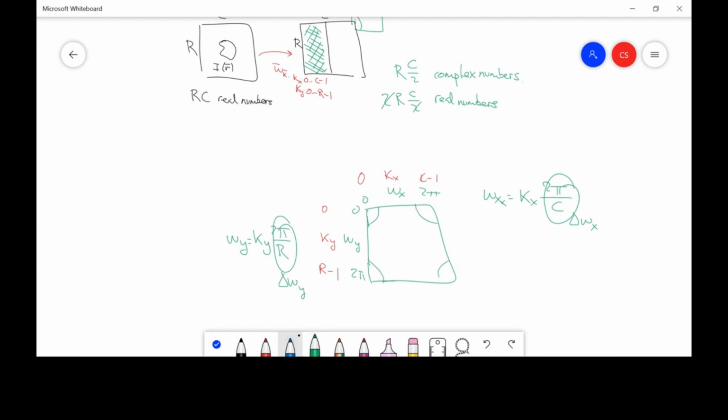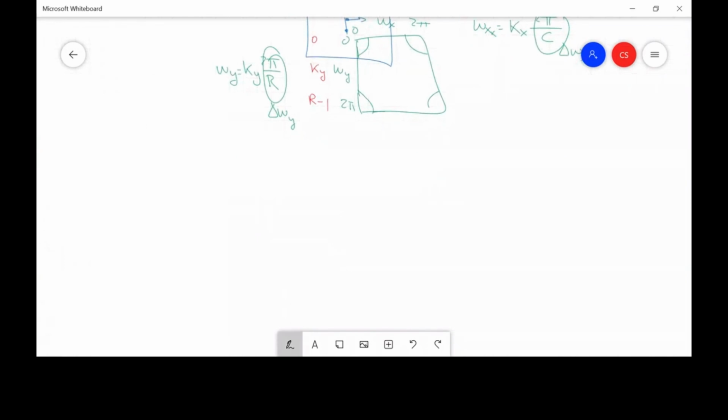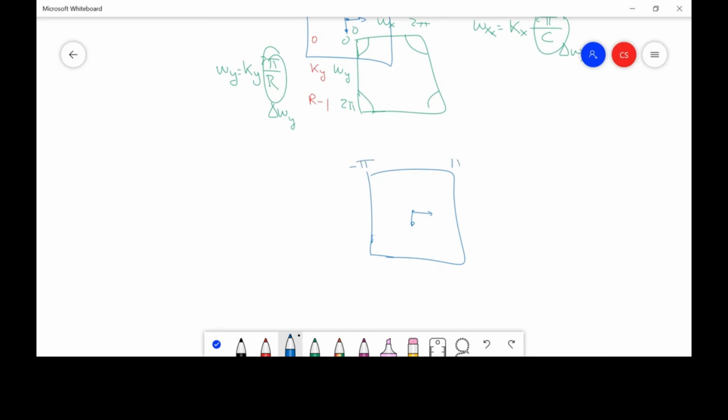If you are now in a world where your Fourier transform is taken in this way, and you put the origin there, now in this new origin, Kx and Ky, they go, so frequencies again go from minus pi to pi.